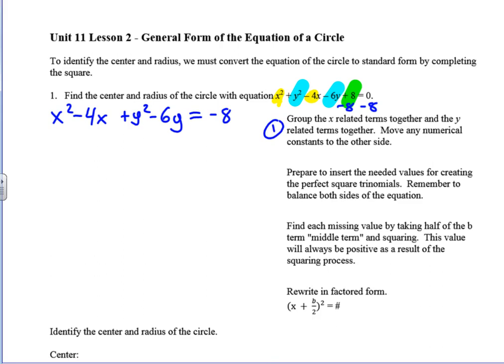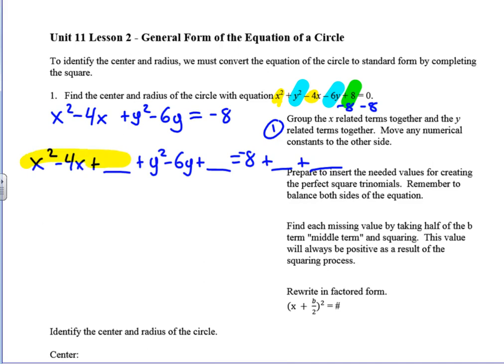Step 2 is prepare to insert the needed values for creating perfect square trinomials. So what we're going to do is x squared minus 4x, we're going to add something, and then y squared minus 6y, we're going to add something to that, equals negative 8, and then we're going to add those things both to the other side. So I'll use some highlighters here to help us keep track of what's happening.